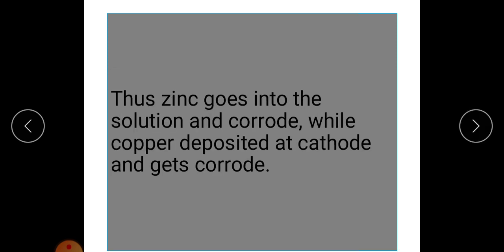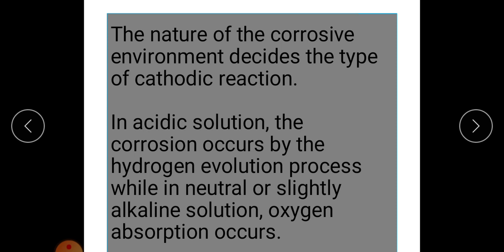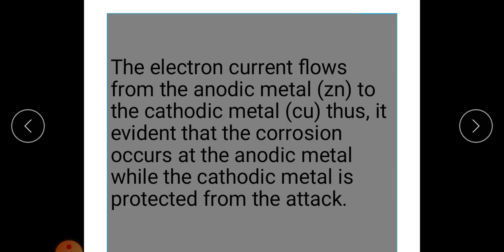The zinc goes into the solution and corrodes, while copper is deposited at the cathode and gets protected here. So this is all the explanation which I already told you in the diagram.